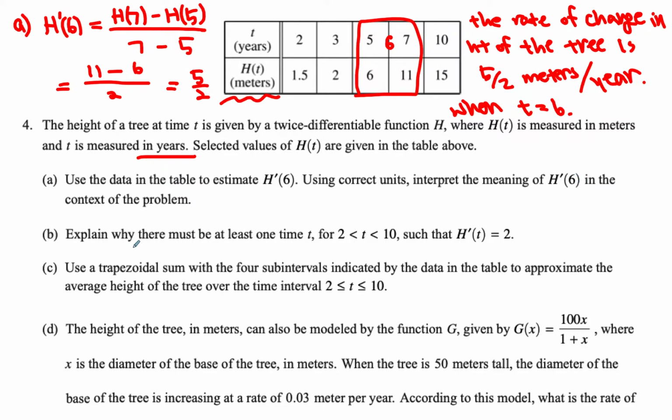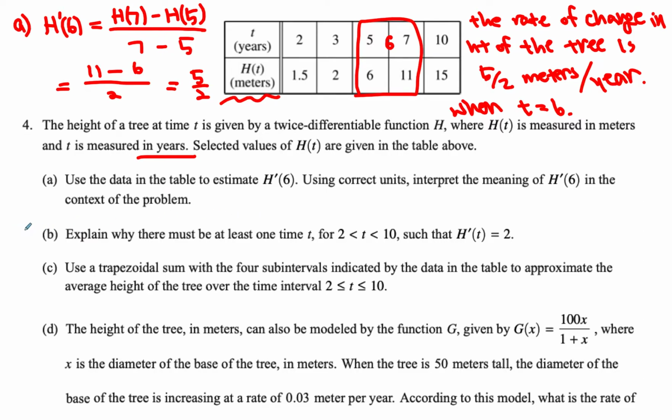All right, explain why there must be at least one time from 2 to 10 where h prime is equal to 2. Now, this one looks like the mean value theorem, as in there must be an h prime, which means the instantaneous rate of change, which is equal to the average rate of change, because this is a continuous and twice differentiable function.